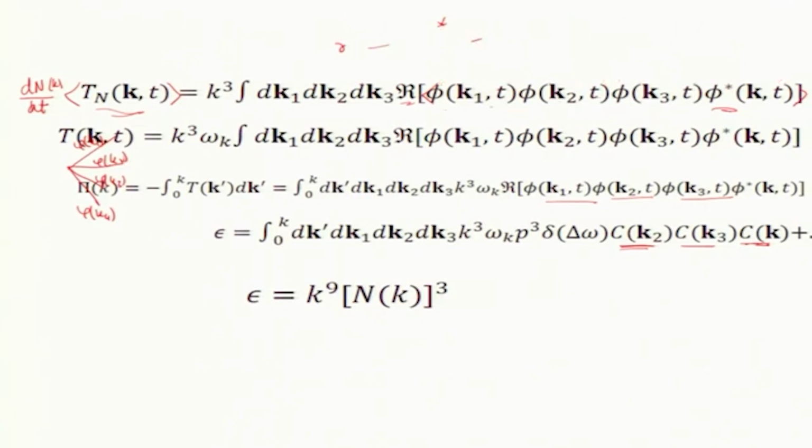Okay, the idea is the following. To get this formula we need the following. I need to expand it. So, I write these four functions phi k1, phi k2, phi k3 and phi star k. Now, we expand using Green's function.